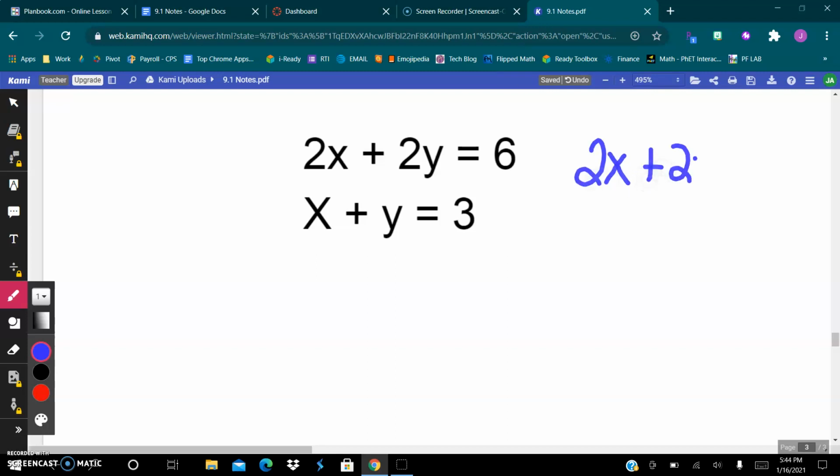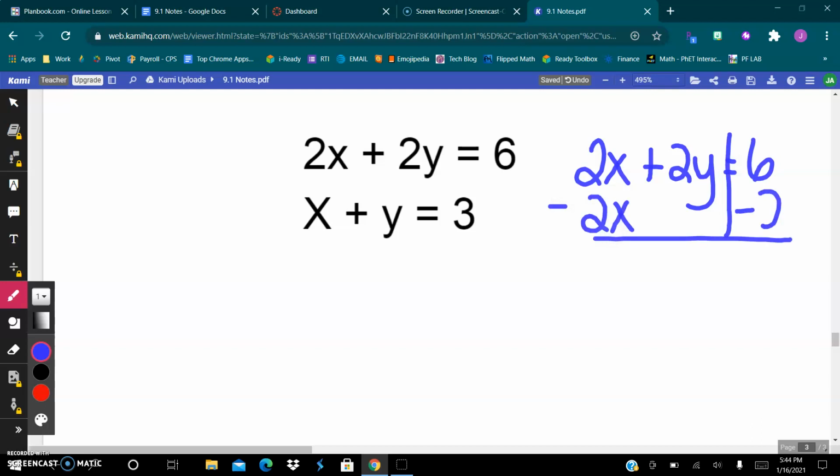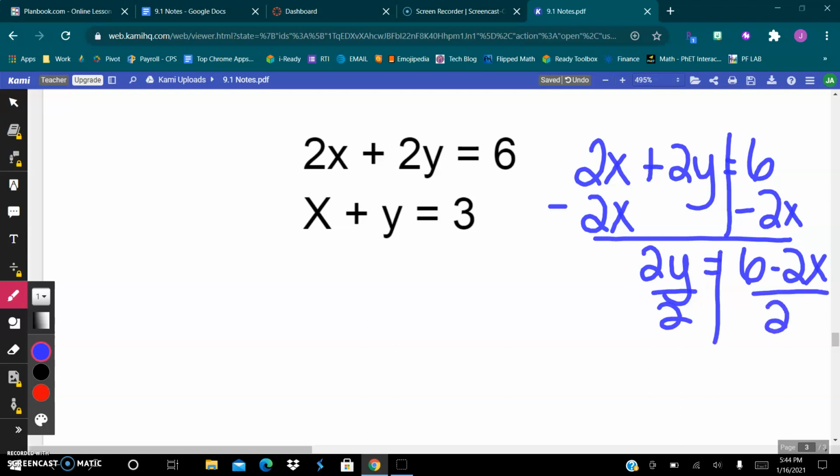Solve for y here. And again, you can find the intercepts if that's easier for you. And then divide both sides by 2. And negative 2 divided by 2 is going to be a negative 1x, and 6 divided by 2 is going to be a positive 3.